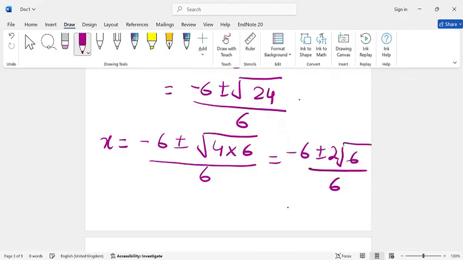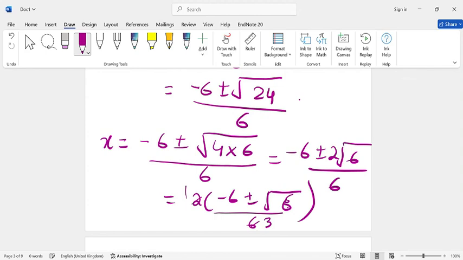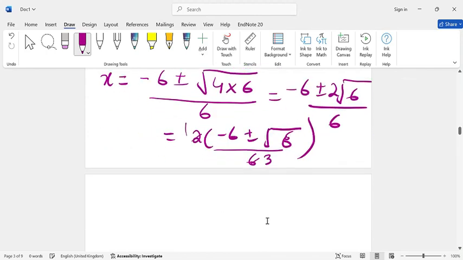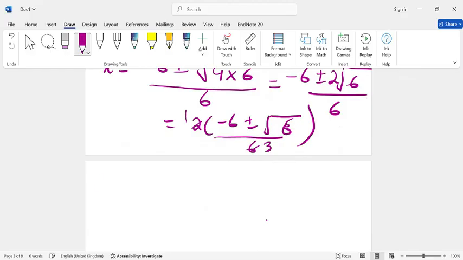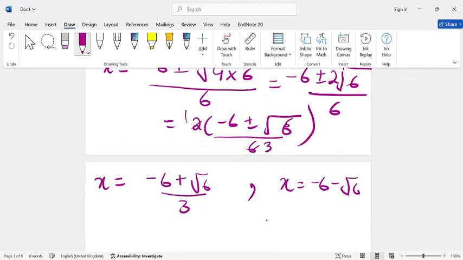If we take 2 common, we have minus 3 plus or minus square root of 6, divided by 3. So x equals minus 3 plus square root of 6 over 3, and x equals minus 3 minus square root of 6 over 3.